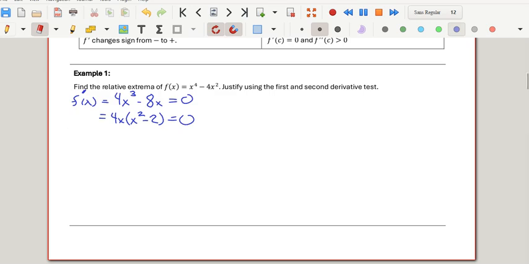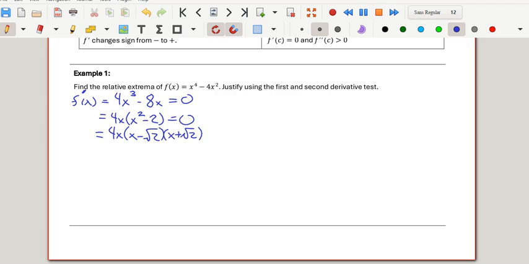Let's do one more factoring there: x minus square root of 2, x plus square root of 2. Since that 2 is not a perfect square, it still factors. You just put the square roots there instead of actually taking the square root.